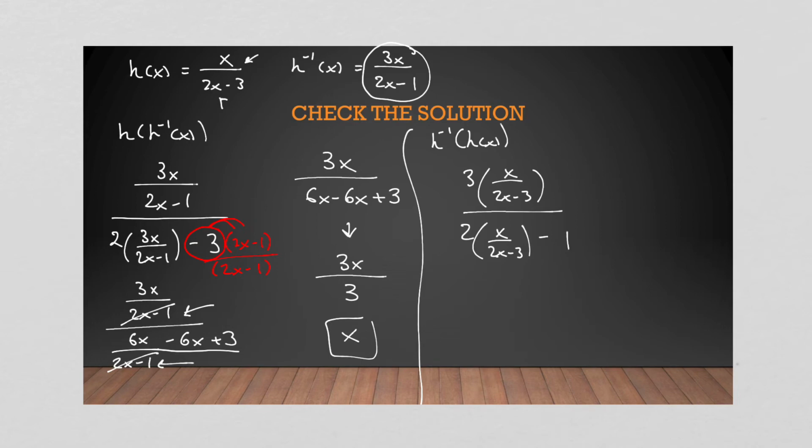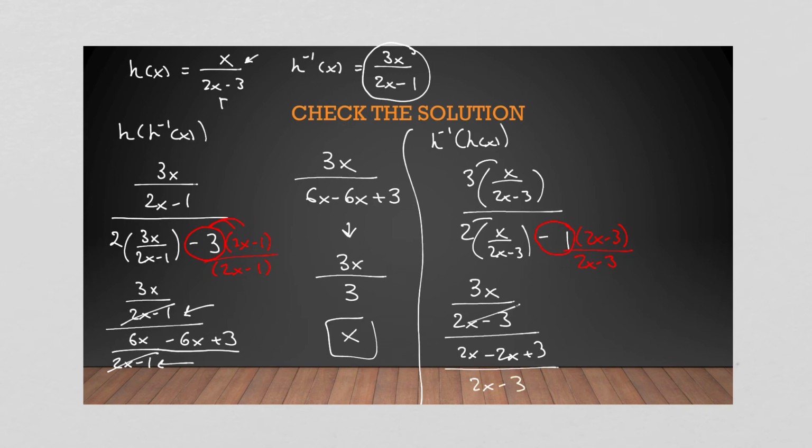Now, I'm going to need a common denominator again for the 1, but this time it's going to be 2x minus 3 over 2x minus 3, and don't forget you're multiplying in a negative. So my next step down will be, I'm going to multiply that in, 3x over 2x minus 3 over 2x minus 2x plus 3 all over 2x minus 3.